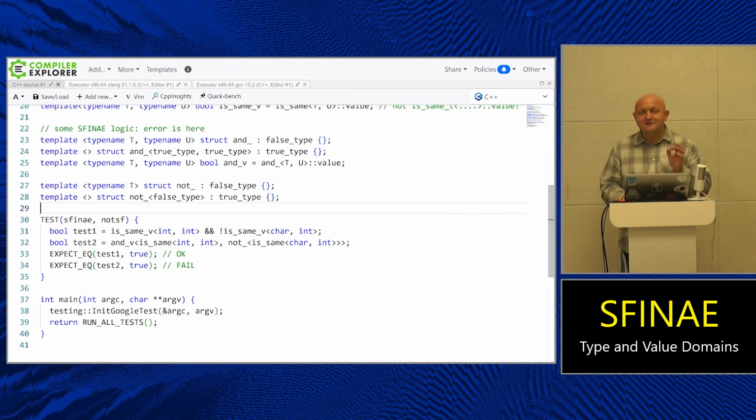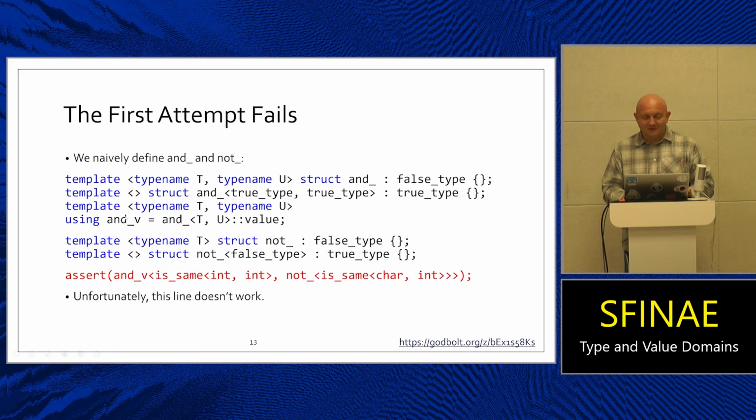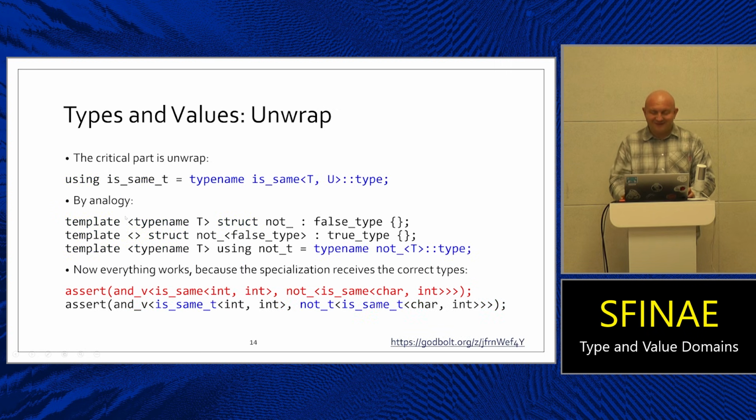This is a neat trap. Okay, I believe you got it. The key here is unwrap. You see, this NOT of is_same<char, int> is not a true_type, even if it is derived from true_type, because this is like NOT over true_type.